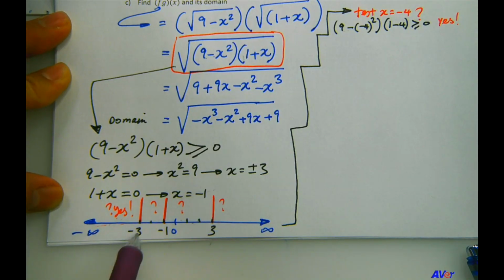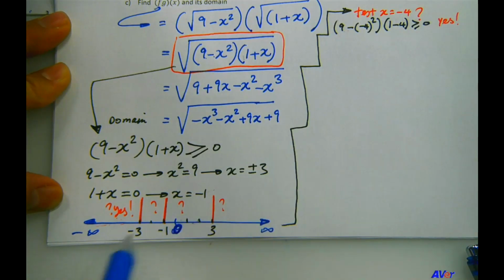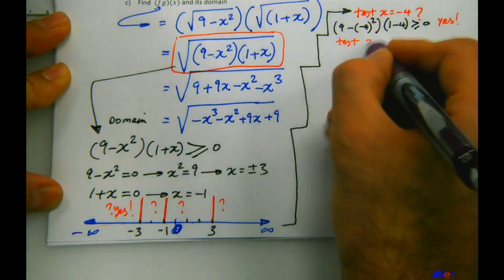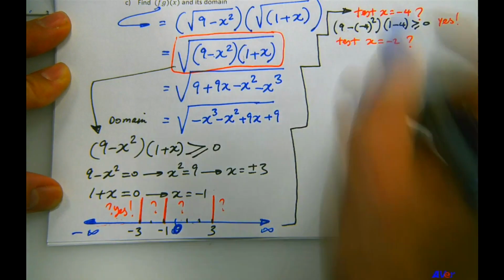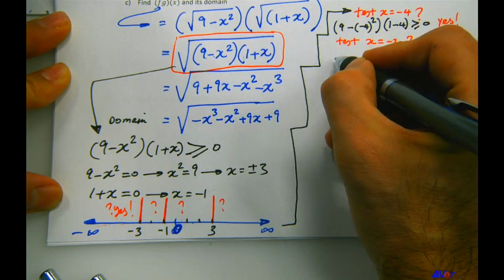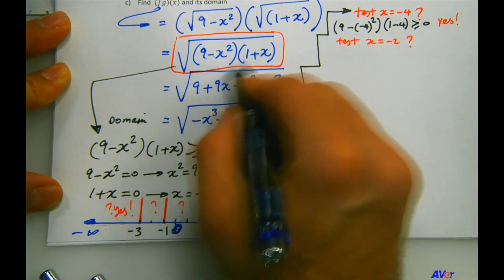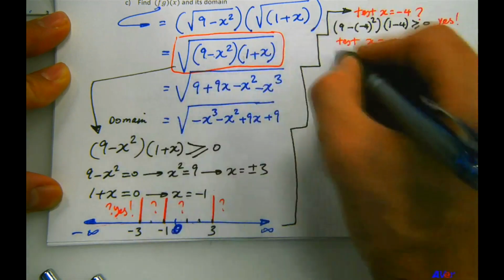What about -3 to -1? That's 0 here. Let's pick an easy number there, -2. So we ask if that's going to work out or not. This inside cannot be negative, so we're looking at whether the inside is negative or not.